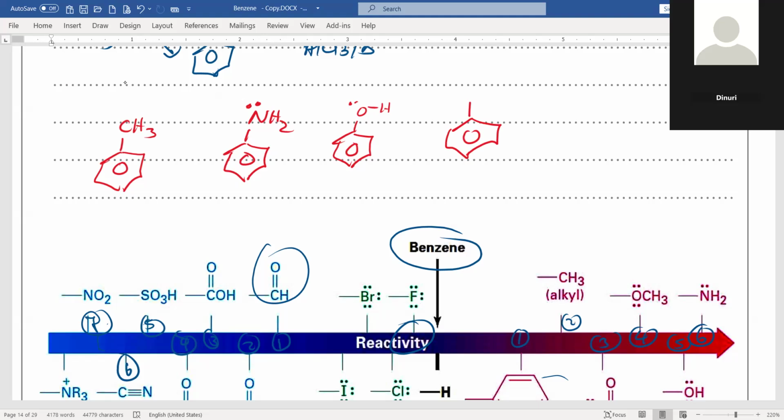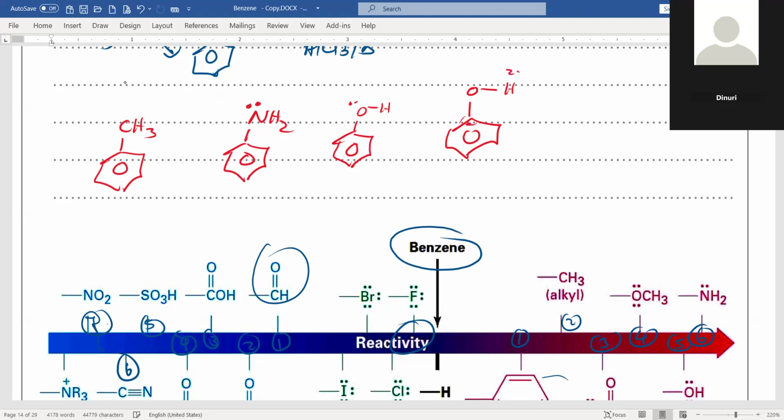Just imagine that this oxygen does not have the lone pair. Still, you can identify this as an ortho para director. How? You can just polarize the bonds other than this carbon on the benzene ring.